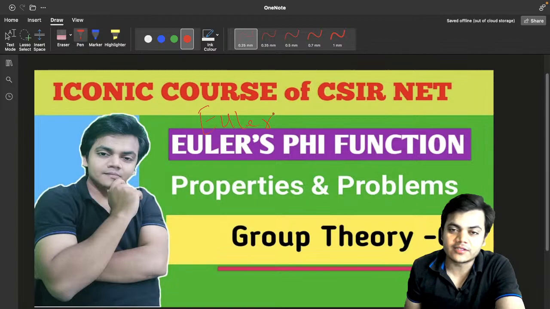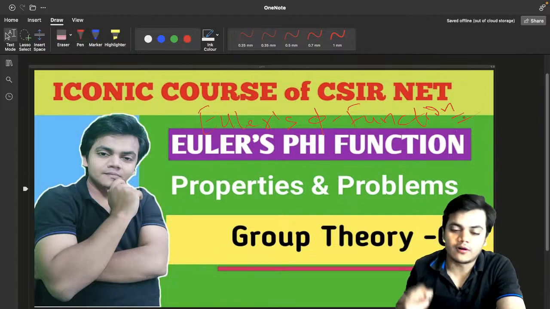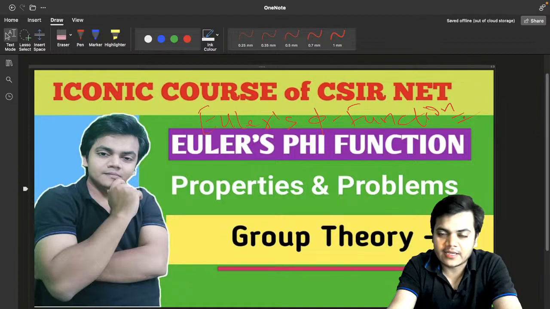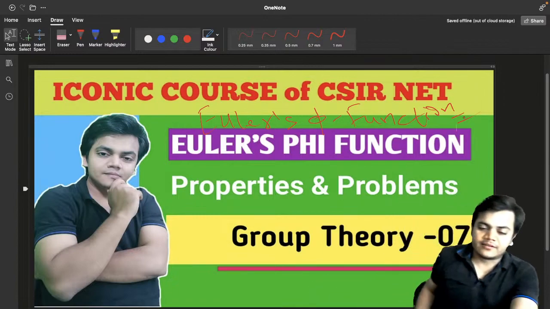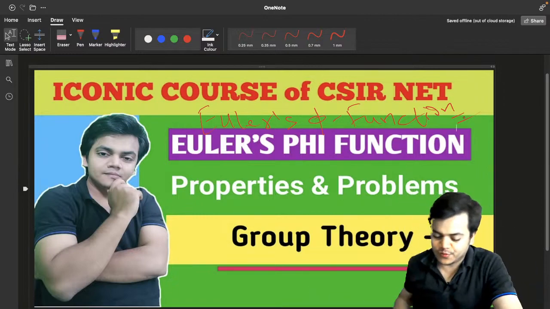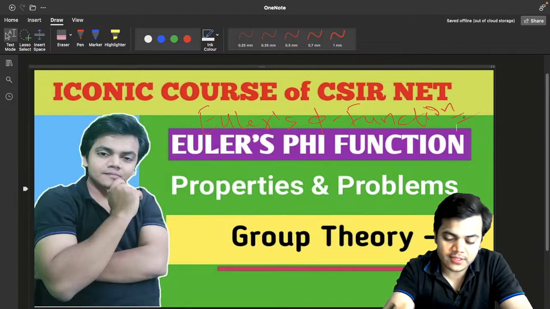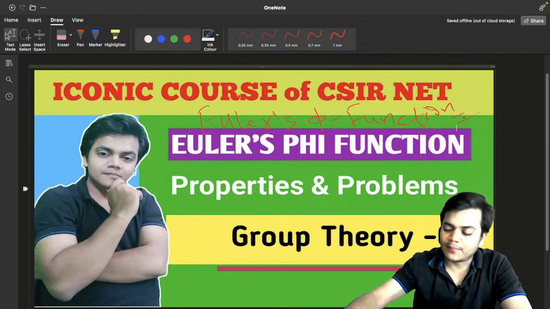In group theory, we need three very important functions: the phi function, tau function, and sigma function, and all of these are very useful. So we are going to discuss what Euler's Phi function actually is.